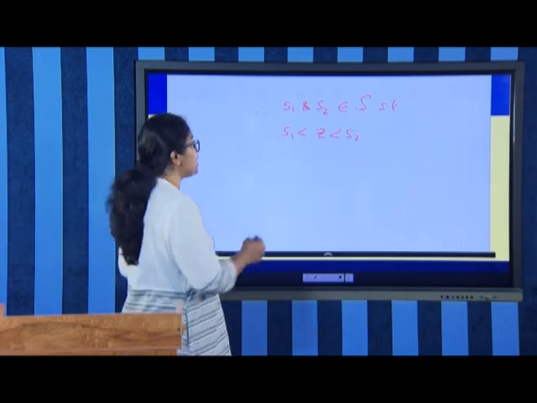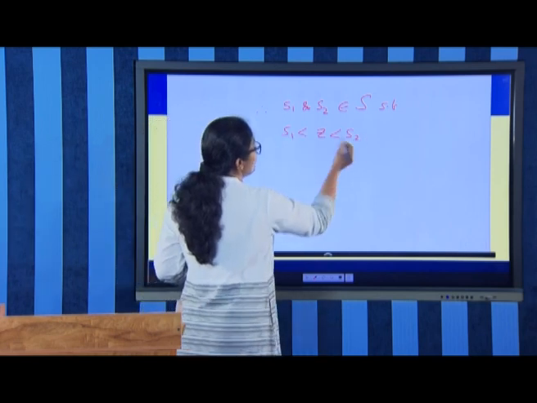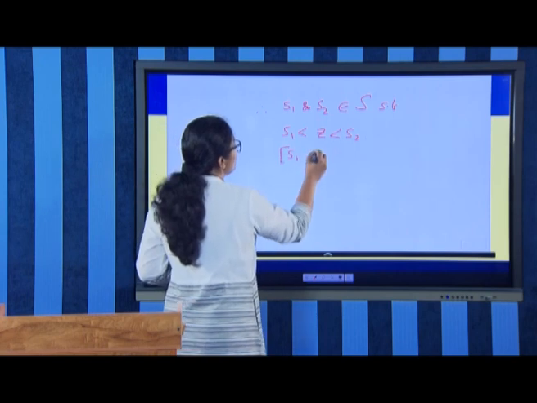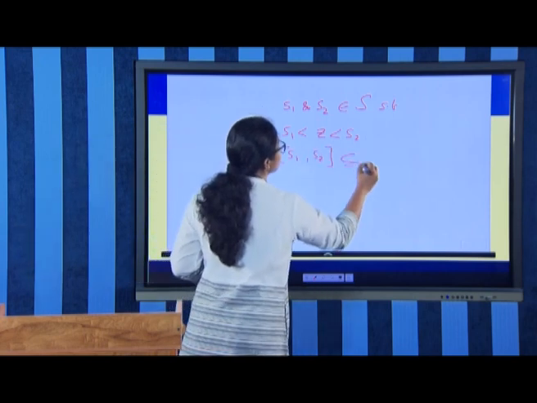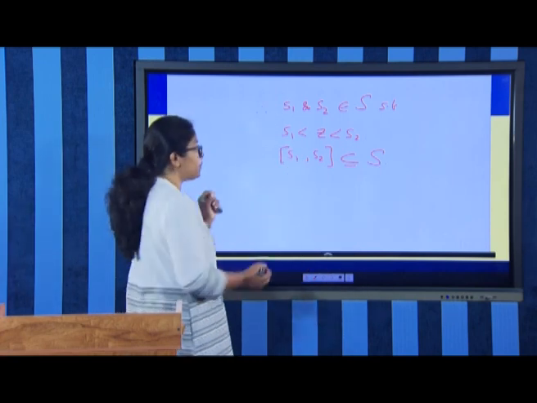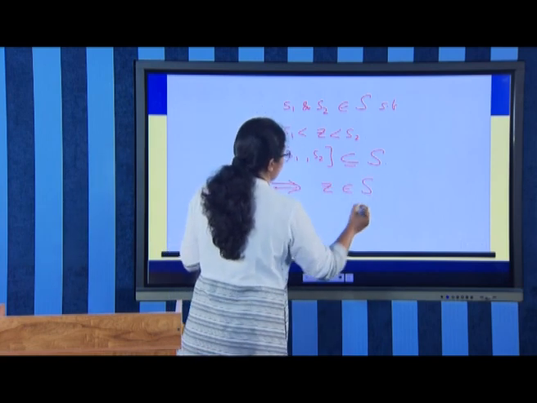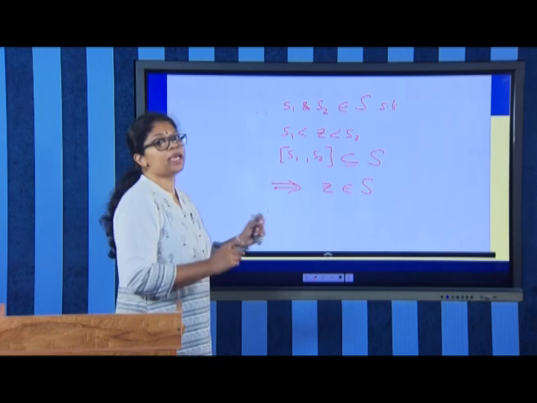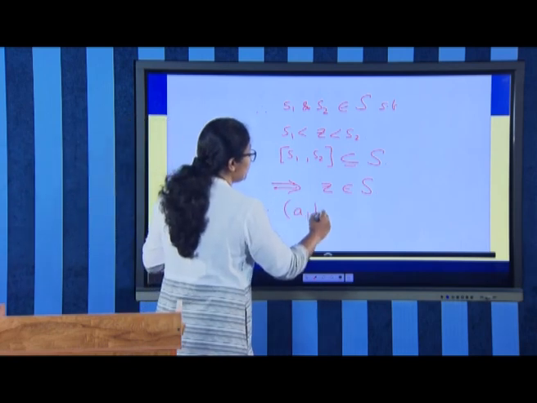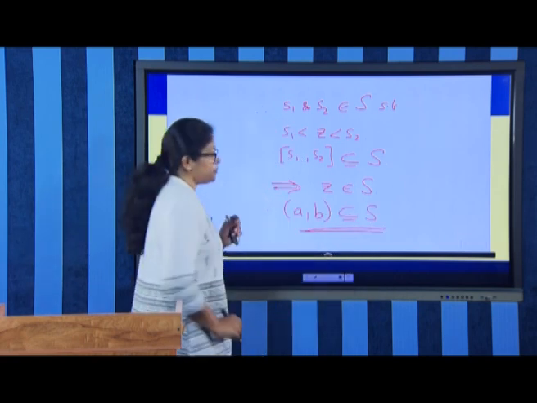And by the property that is given in the statement, if you have two numbers S1 and S2 such that S1 is less than S2, the interval S1 S2 is contained fully inside S. So, Z is one of the points in this interval, which implies Z is an element of S.